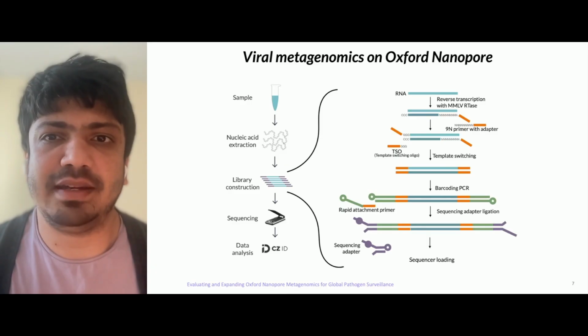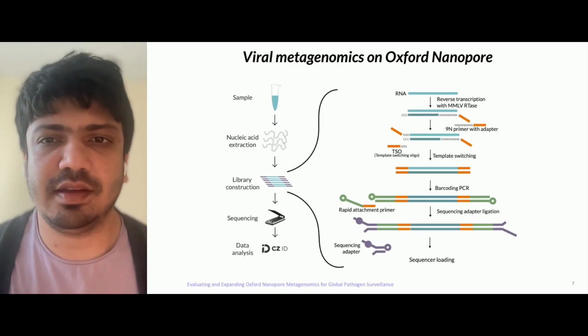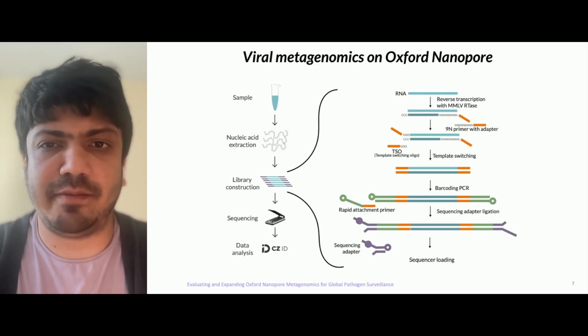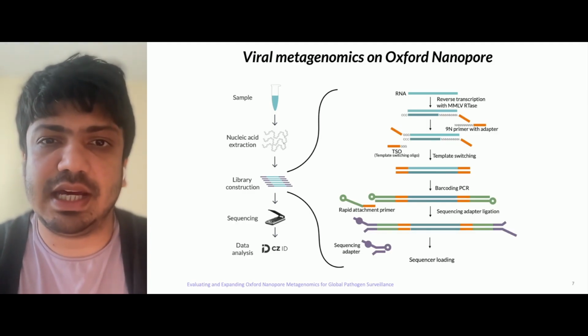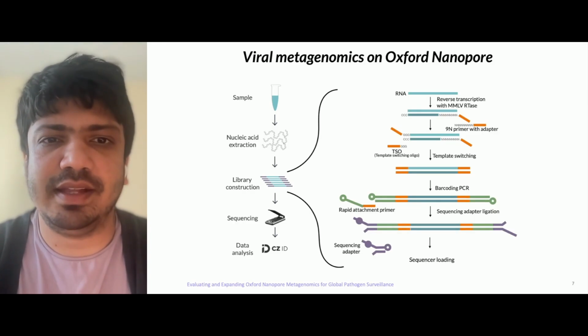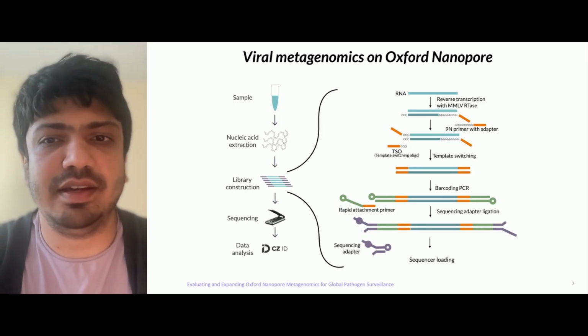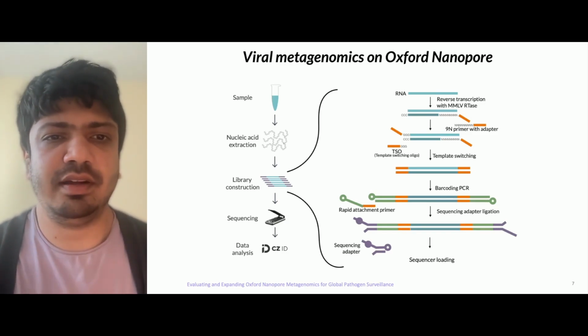But here we use random N-mers so that it can capture basically any RNA sequence. After this template switching, we feed into the rapid PCR barcoding kit reagents. There's a barcoding PCR step, and then pooling and sequencing adapter ligation before loading the sequencer.